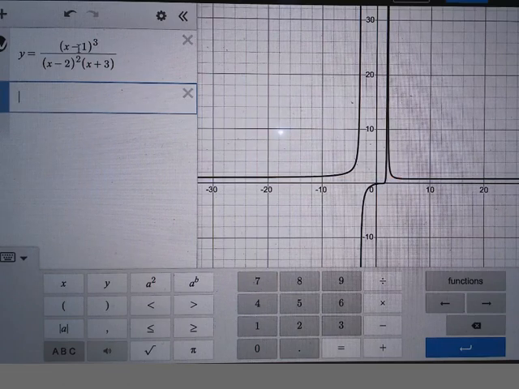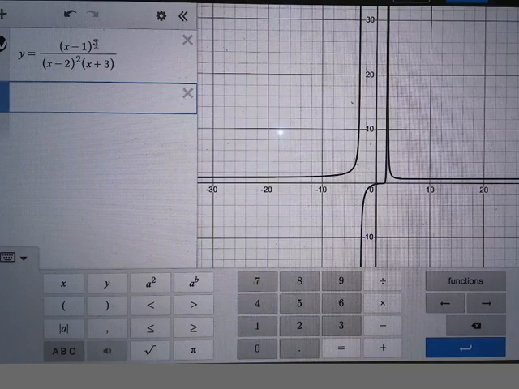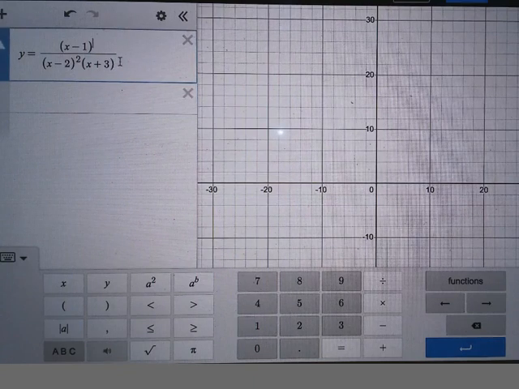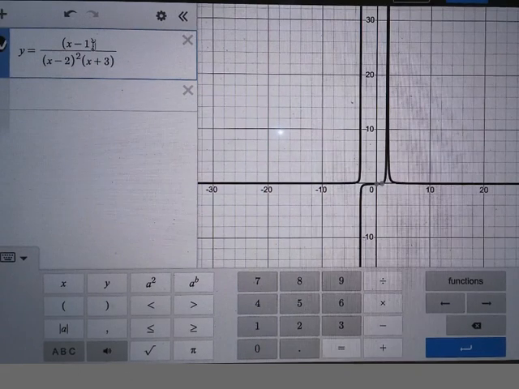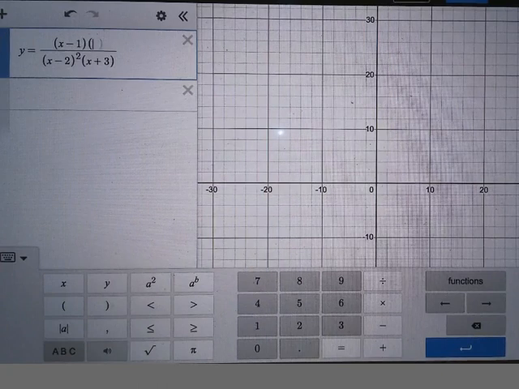But so far, we've got zeros happening from the numerator and vertical asymptotes happening from the denominator. That's the main thing up till now that I want you to get. And I can put more x-intercepts.